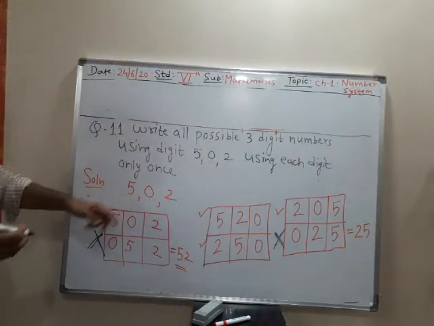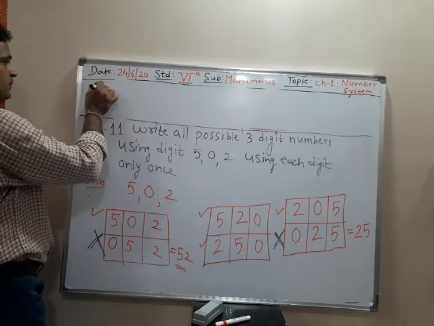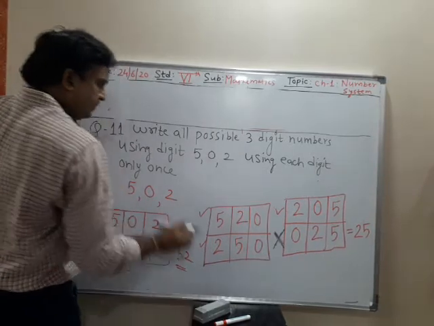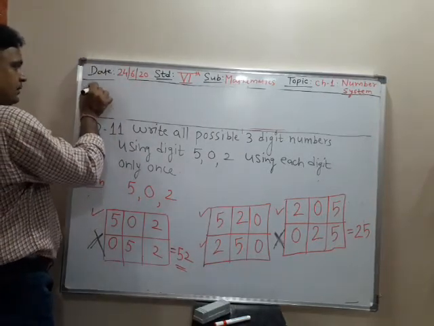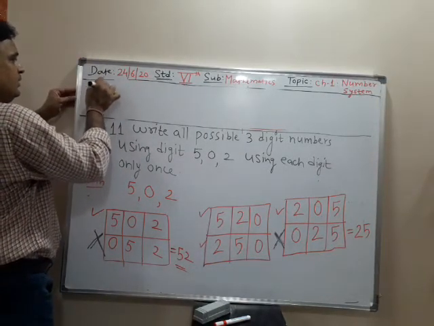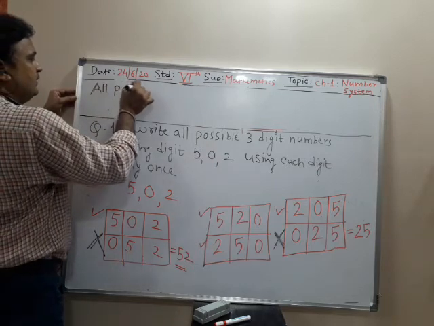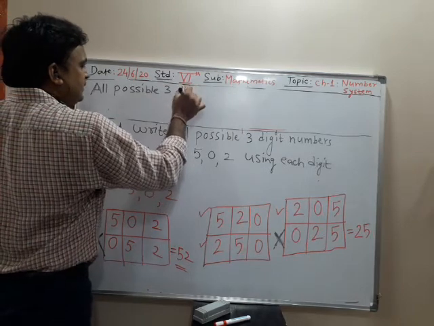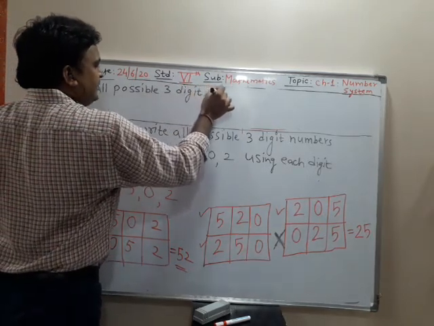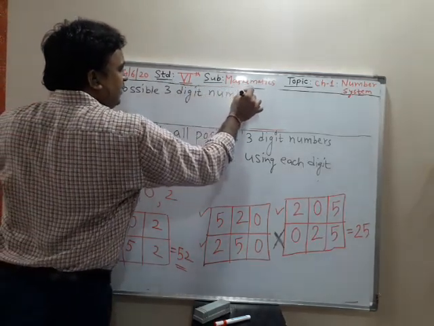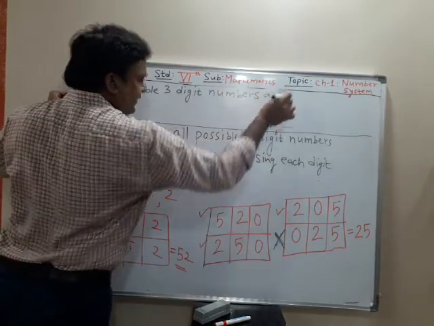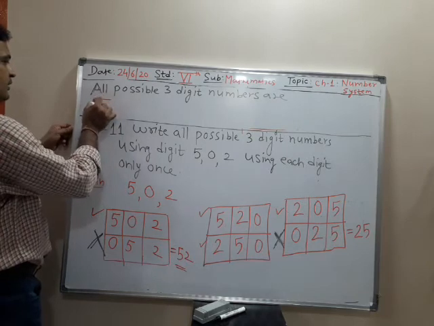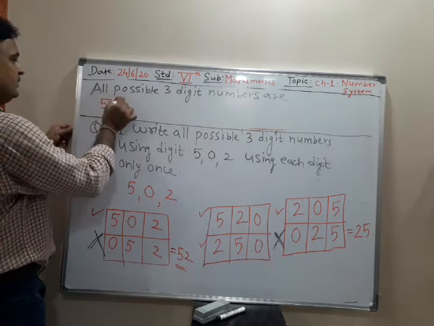First it is 502, okay, a 3-digit number.